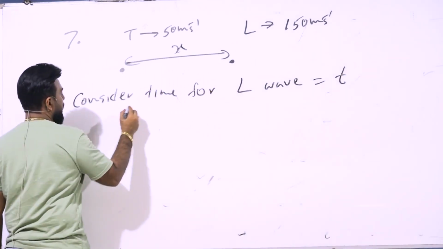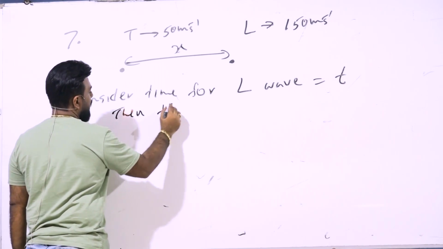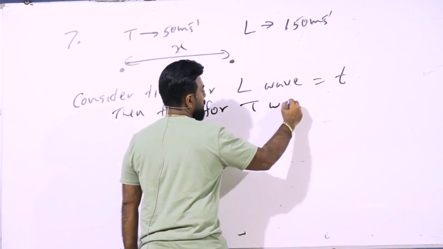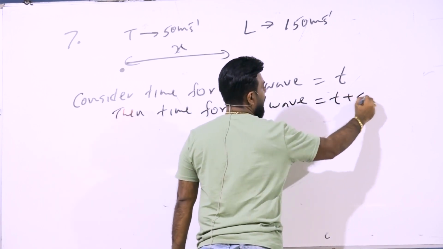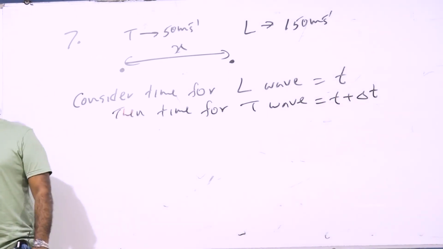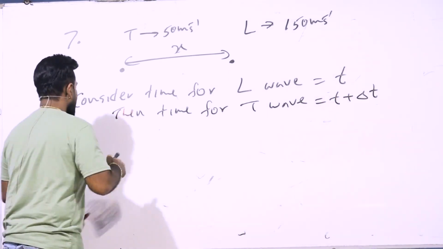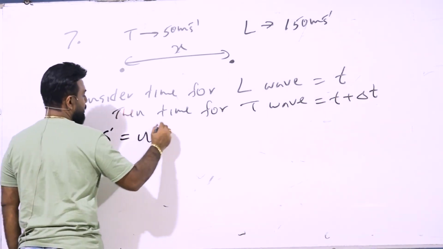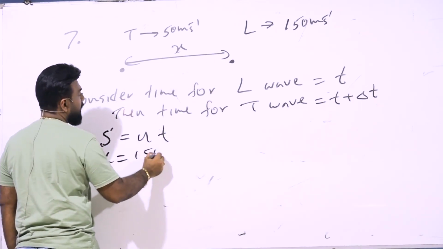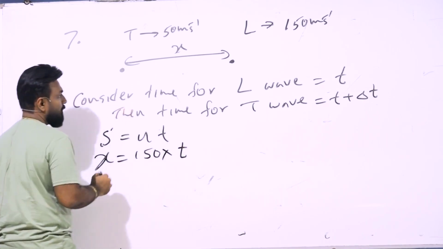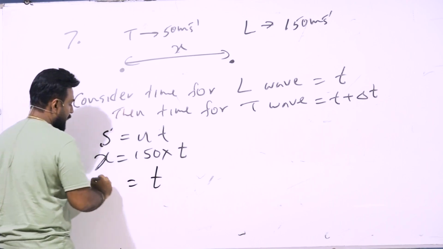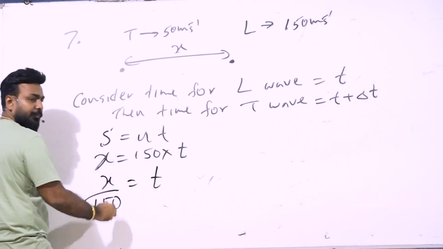Then what is the time for the T wave? t plus delta t. It takes more time than that. Now write S equal ut. So S is x, velocity 150, time taken t. Clear? This gives t equal x over 150.